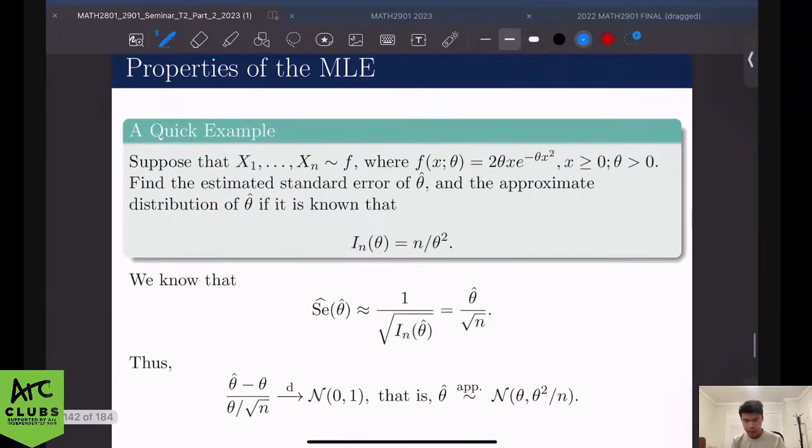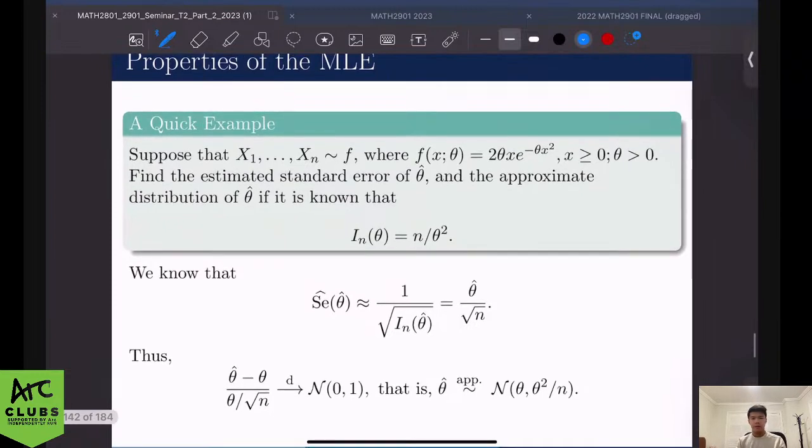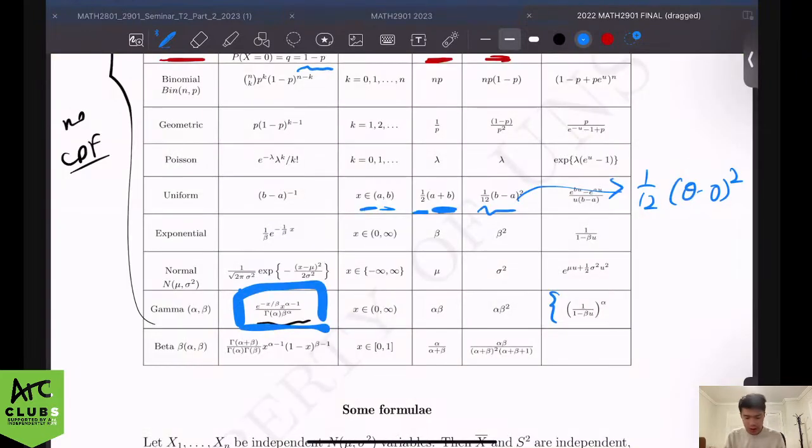Cool. Alright, so find the estimated standard error of this MLE, given this likelihood function. Remember the Fisher information you can calculate first.